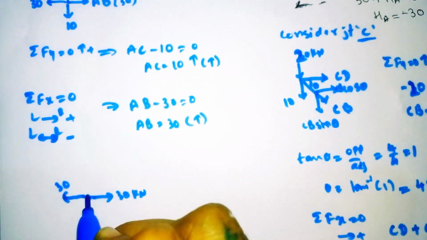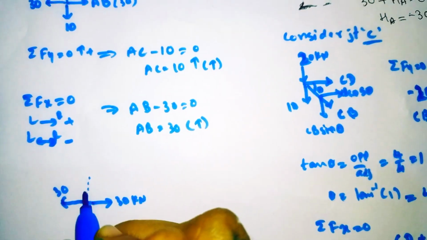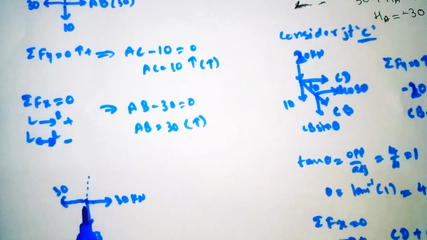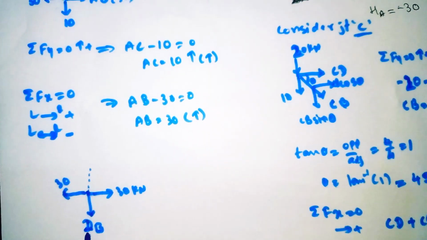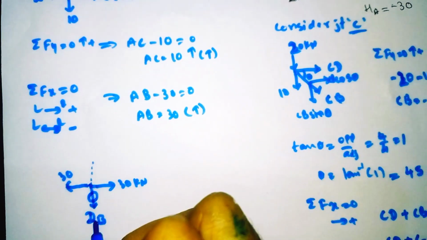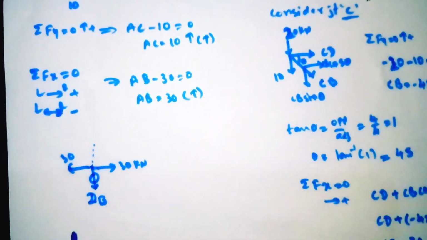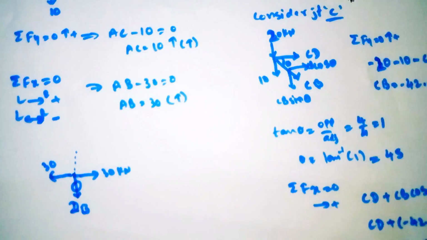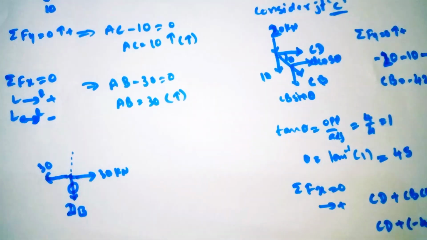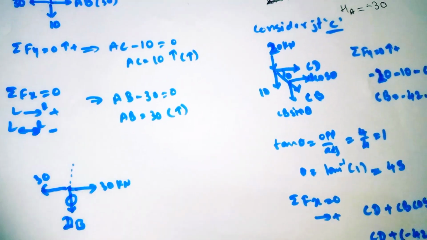Is there any member opposite to this? There is no member along this axis, so our DB value becomes 0, because there is no member opposite to this. We can calculate in a very simple way. So the DB value is 0.